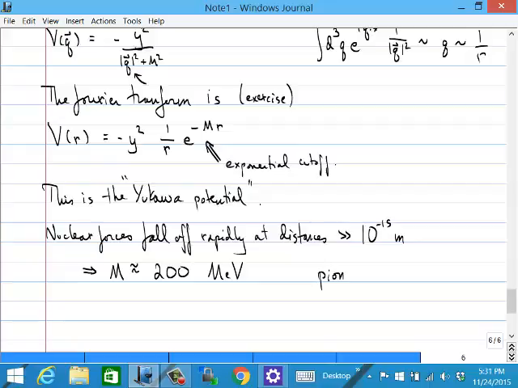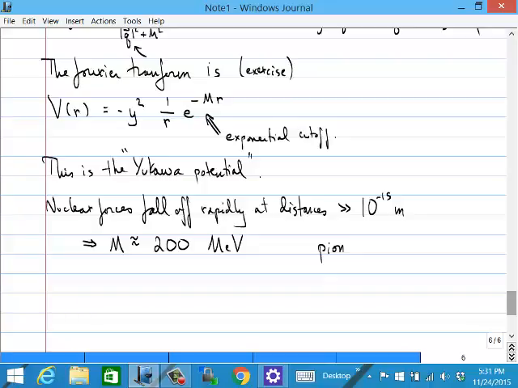I will make one very important point. Sorry for going over time, but the final point I want to make is that the Yukawa theory is attractive. One of the important points is that here we've studied the scattering of, say, a proton and a proton, or an electron and an electron, using this Yukawa theory.